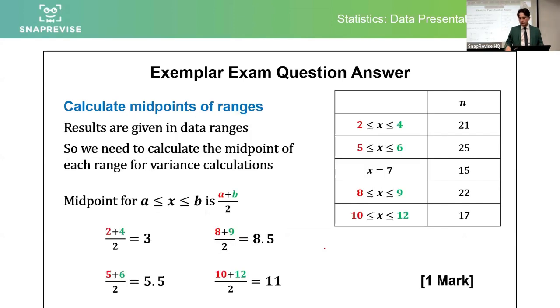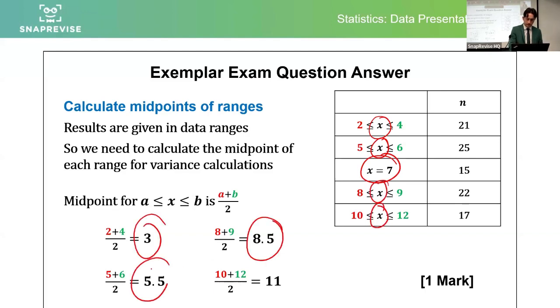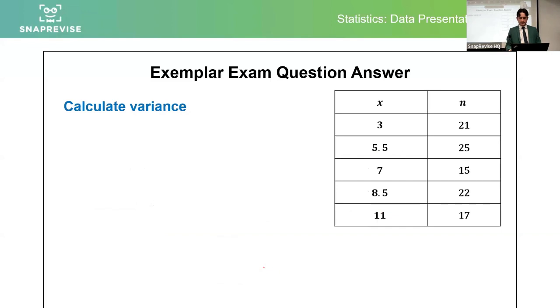The 7 is obviously just 7, but it's a bit of a weird setup, so we're going to use the midpoints instead. And we'll reformulate this table, because this is now something you could punch into your calculator if you know how to do the summary statistics in the one variable calculation mode.